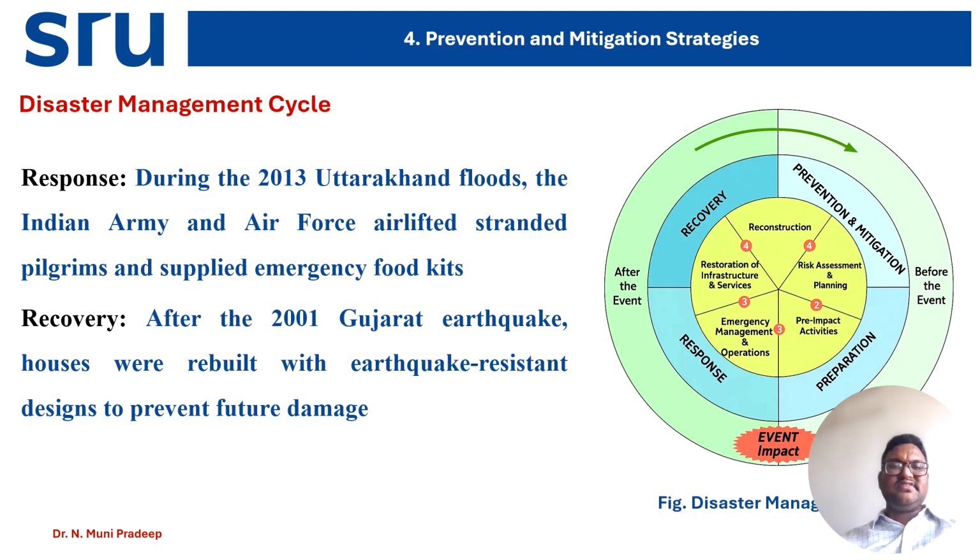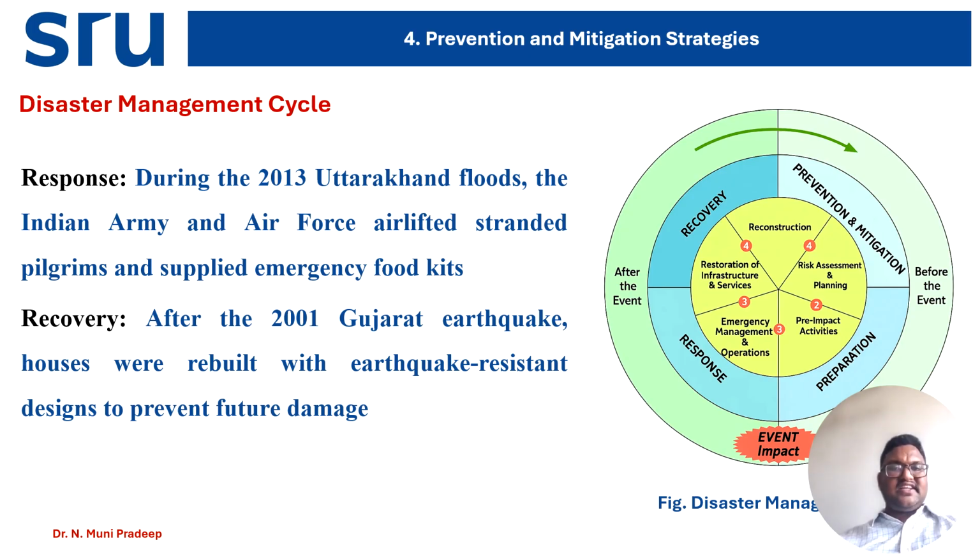The Indian Air Force helicopters, some operating at extremely high altitude under challenging weather conditions, airlifted nearly 1 lakh stranded people in what became the largest peacetime airlift in Indian history. The army soldiers trekked through destroyed trails to reach cut-off villages, carrying food, medicine, and blankets.